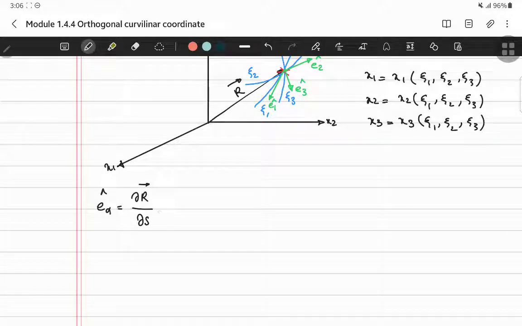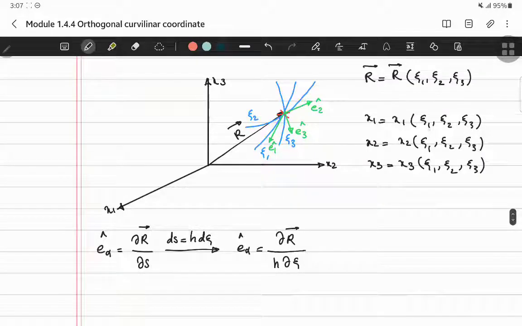We already said that S is replaced, or maybe write it as ds is equal to h dz. And since here we have alpha, we will have E alpha, partial derivative of R with respect to H, partial derivative of Z. And here you have Z1, Z2, and Z3.